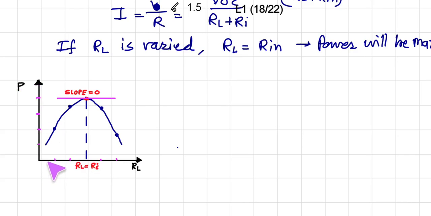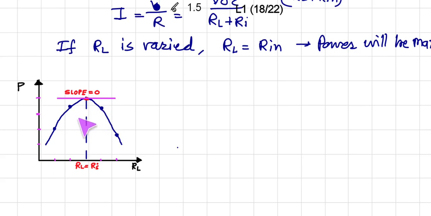Initially the power increases with increase in RL, but at a particular point the power is maximum. If we increase RL more than that value, the delivered power will decrease. So at this point, when RL is equal to Rin, the power delivered is maximum. Below that point and above that point, the power is less than maximum.